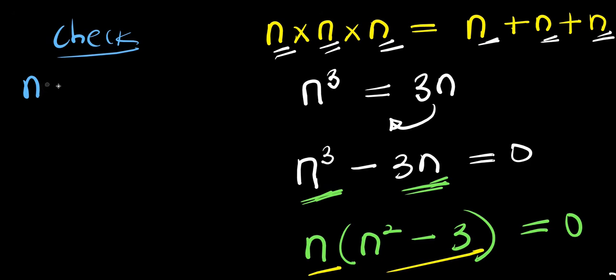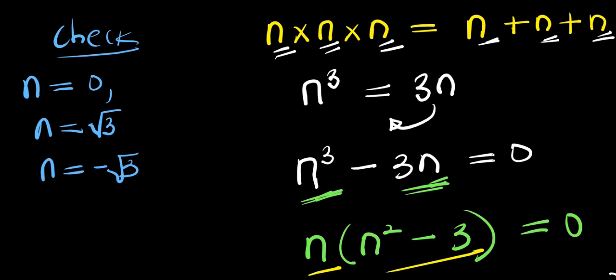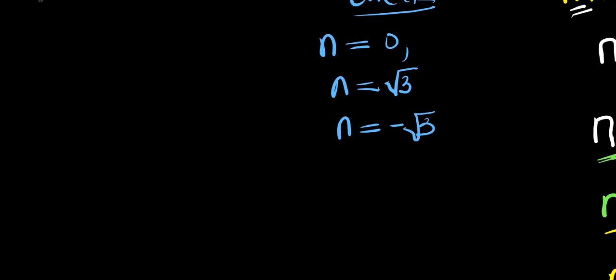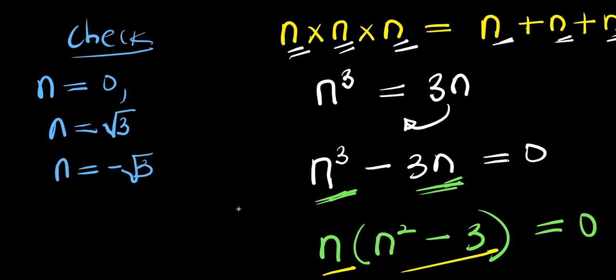We start with when n equals 0, then proceed to when n equals root 3, then also n equals negative root 3. Now the question still remains, we have n times n times n equals n plus n plus n. Right? Good.